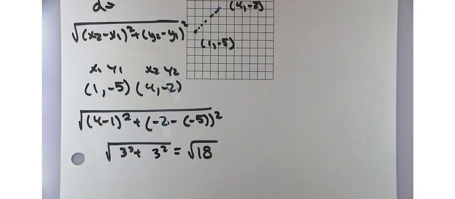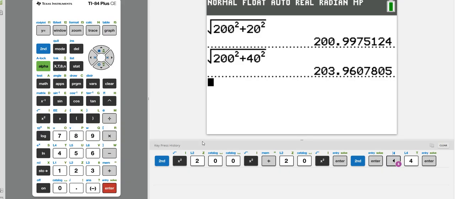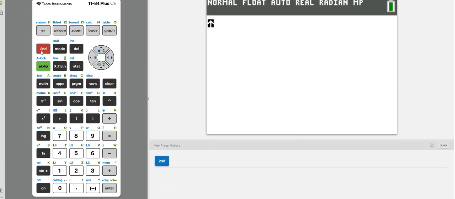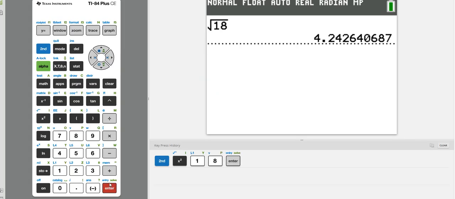Yeah, very good. Should be about 4 point 2426. I'm not going to make you guys do that many, nor am I going to make you break it up like you did, which is the square root of 3 times the square root of 2. 4.2426.